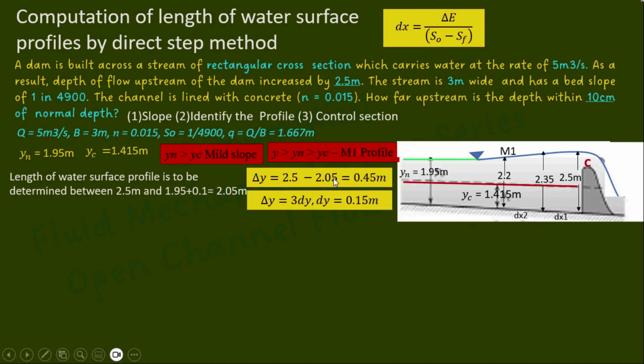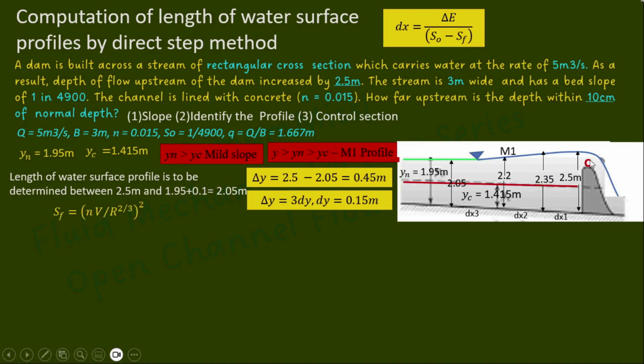For the final depth of 2.05 meter, we also calculate the specific energy and the corresponding Sf, and by applying this equation we calculate dx3. Summing dx1, dx2 and dx3, we get the total length from the control section to the point where depth is 2.05 meter. We can use Manning's equation for the calculation of Sf.